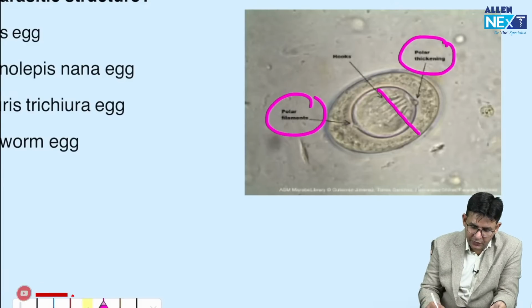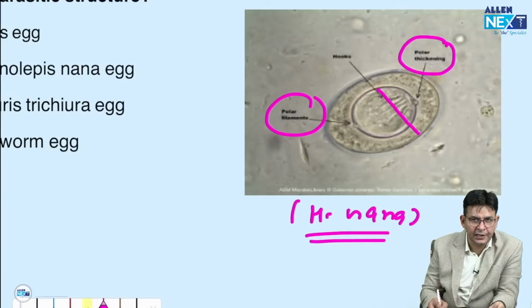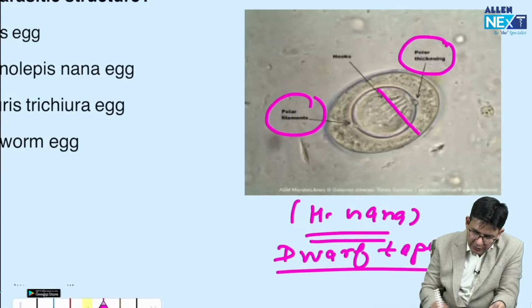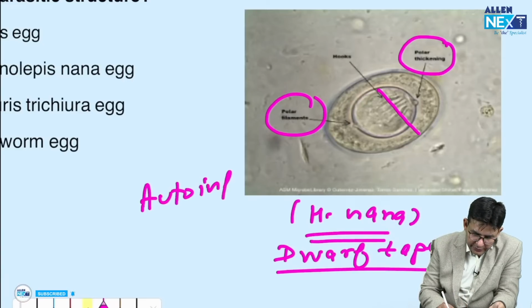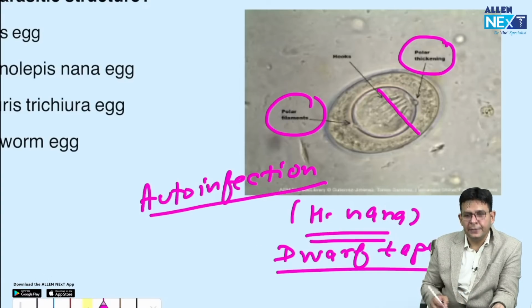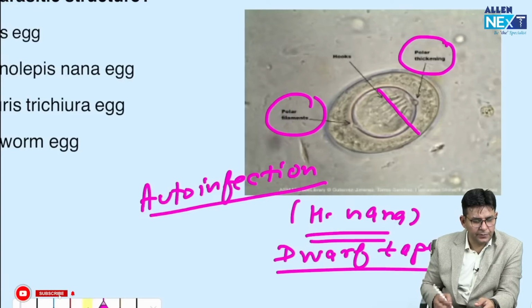Now this particular egg they can ask you, and this egg has thickenings and filaments in between their hooks. We are talking about H. nana, which is also termed dwarf tapeworm. And this undergoes what? This undergoes autoinfection. Remember this, and this is the smallest tapeworm.